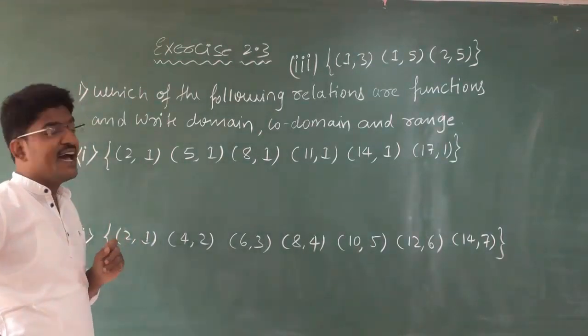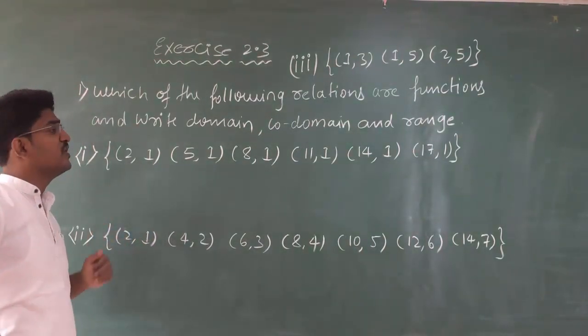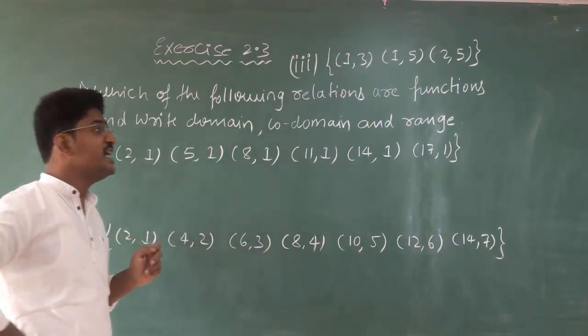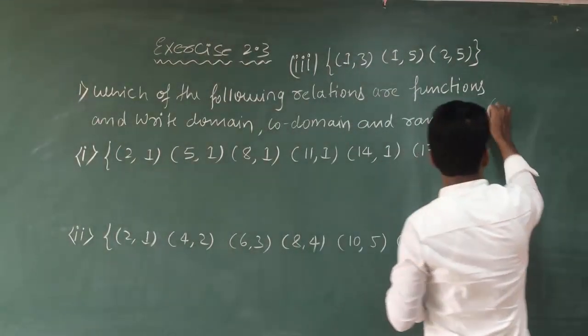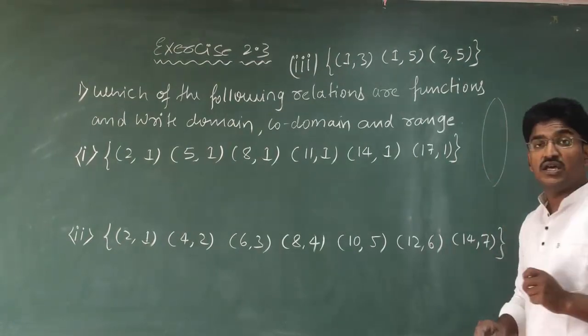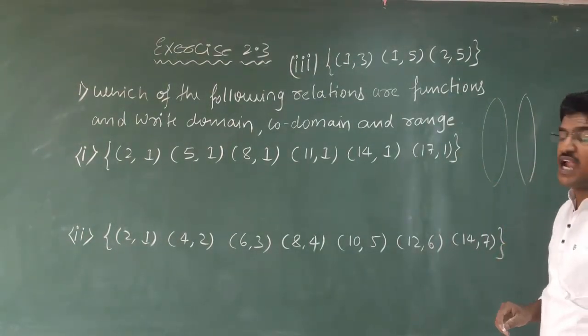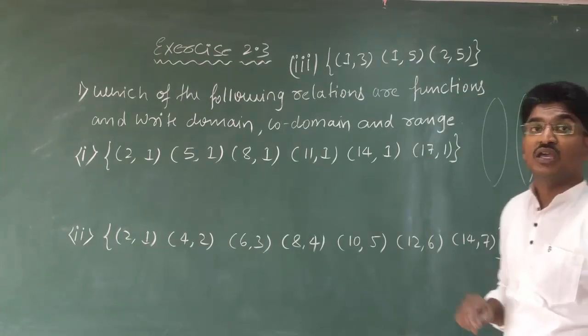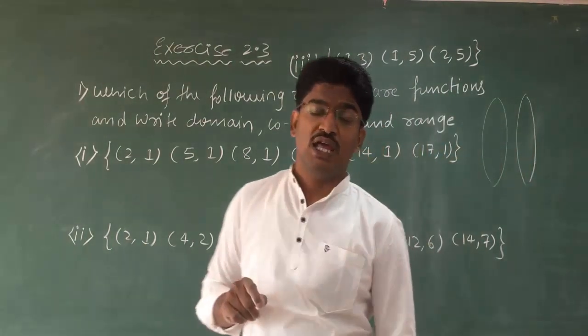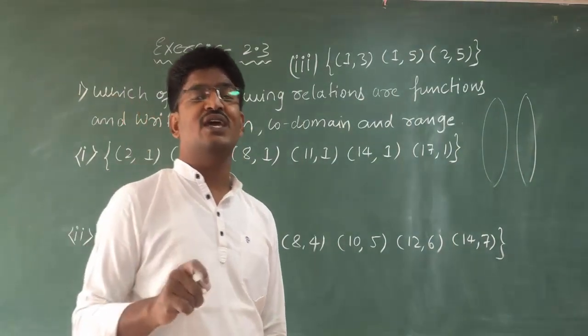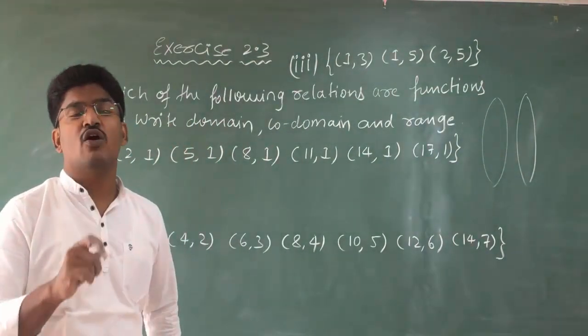As I said, how to verify whether it is a function or not? We have to write the domain elements in one set, the codomain elements in another set, and verify whether each element of the domain has a unique image or not.